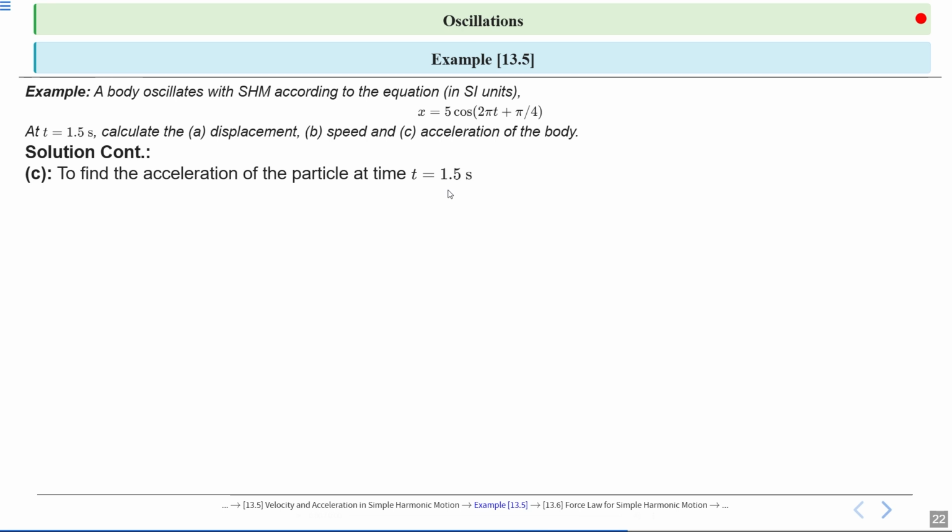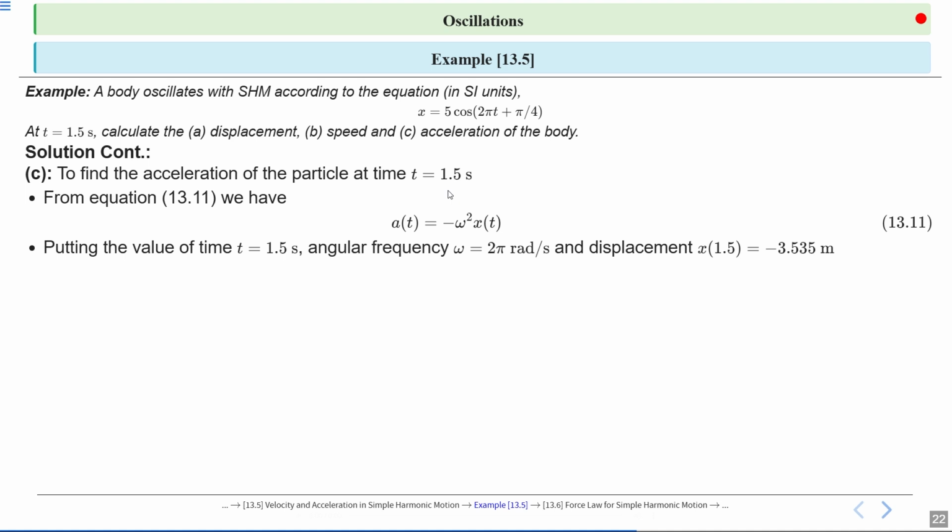Now we need to find the acceleration of the particle at t equal to 1.5 second. So from equation 13.11, a of t is equal to minus omega square x of t. So putting the value of time t equal to 1.5 second, angular frequency omega equal to 2 pi radian per second, and displacement x of 1.5 is equal to minus 3.535 meter.